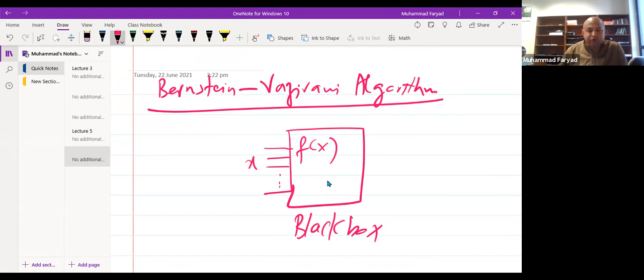whatever is the input bit string, it gives at the output a sum. And it has a secret bit string s. So this f of x essentially multiplies this x bit string with the s bit string and finds its dot product modulo 2. And that's what it gives out on this single output line.